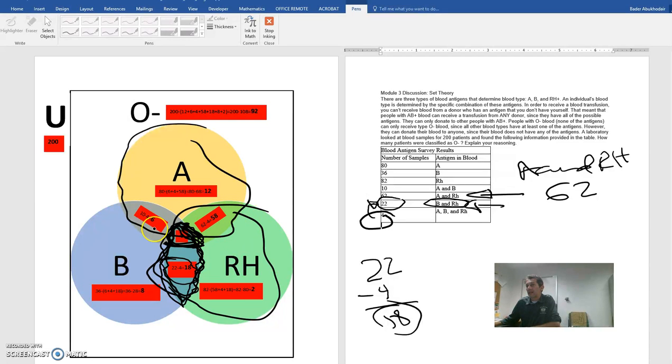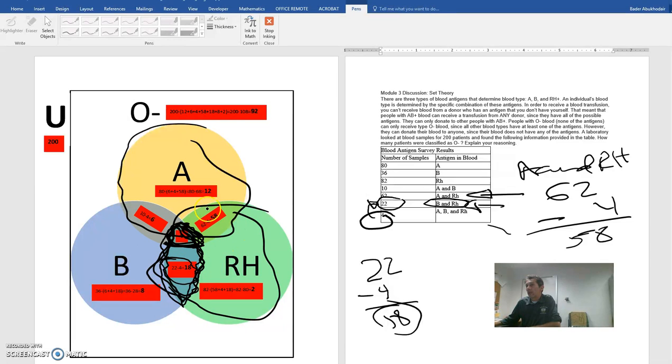But notice that inside this intersection, I already used 4. So I have to subtract the 4, so I now have 58 people. So 58 people have purely A and RH with no B involved, while there are already 4 who have A, RH, and B.